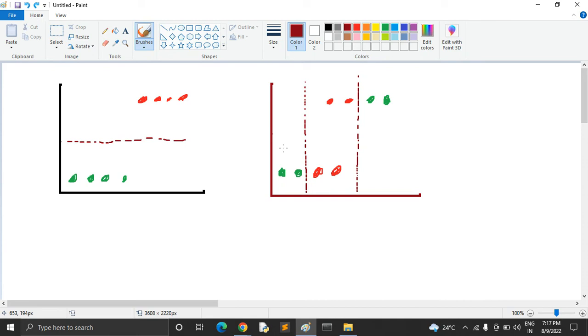We are not creating one but multiple decision boundaries based on multiple features. I repeat, we are creating multiple decision boundaries. In other words, we are creating multiple hyperplanes in order to fit our data well. We are selecting multiple features in order to create these decision boundaries.